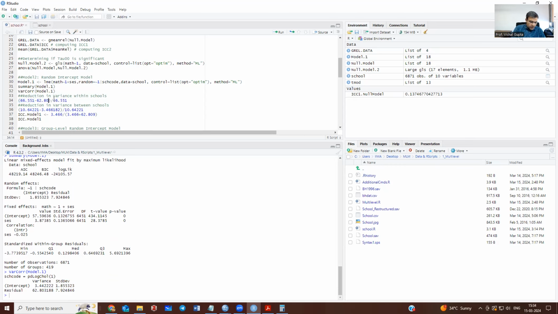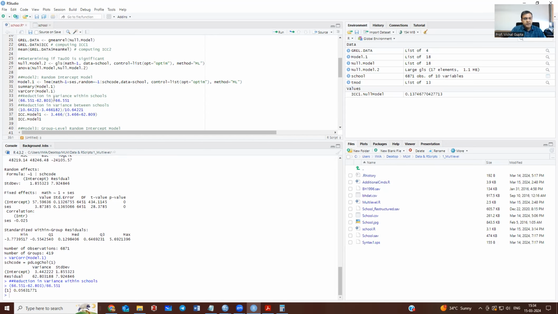Let us correct it because there is a slight change because of the maximum likelihood estimation. So we can say the reduction in variance within schools is about 5.6%. So you can say this is pseudo r square at level 1.